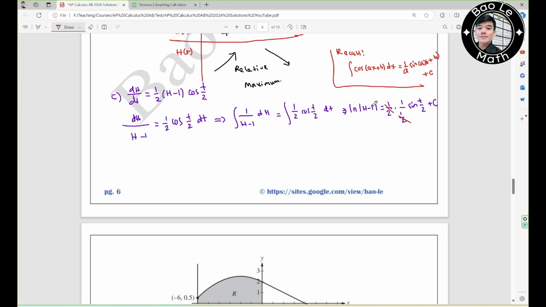So we need to remove the absolute value. It turns out to be natural log of h minus 1 equals sine t over 2 plus c.